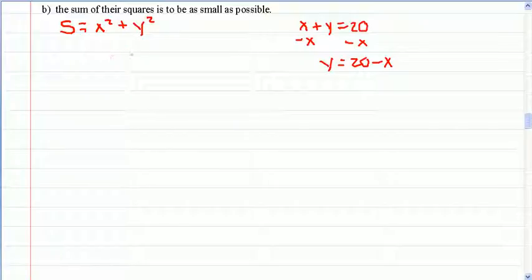before we find s prime, we want to take 20 minus x and substitute it in for y so that I only have one variable.